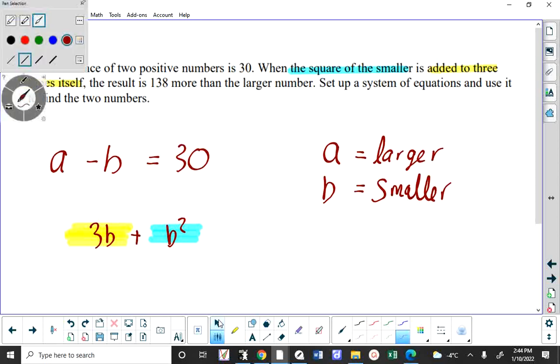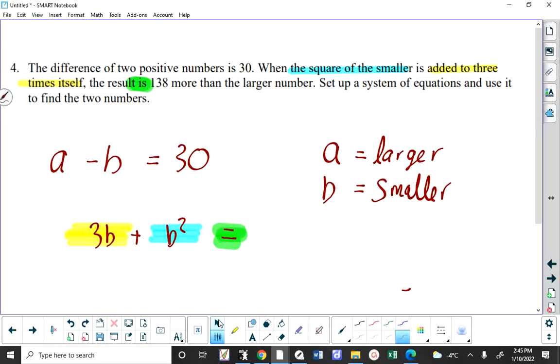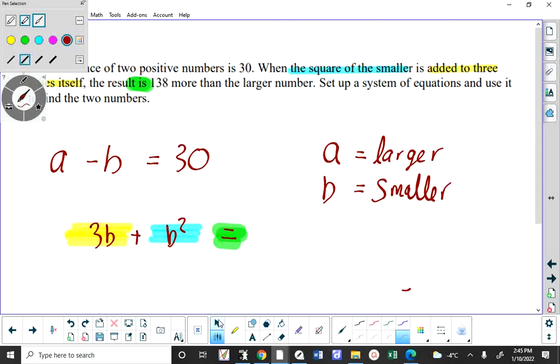The result, and this is a very important word in math, the result is, didn't want to use that color. The result is means equals. 138 more than the larger. Sorry, I got to use the pink one.